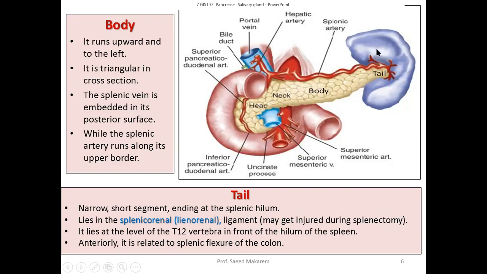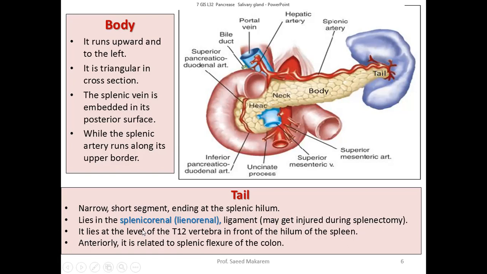At that time, if we cut the tail, as we know, the tail has the maximum number of islets of Langerhans, which secrete insulin. So surgical resection of this tail might lead to a condition called induced diabetes.